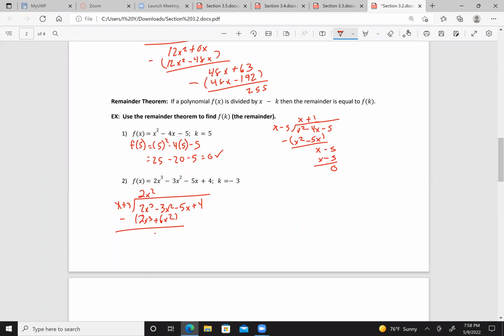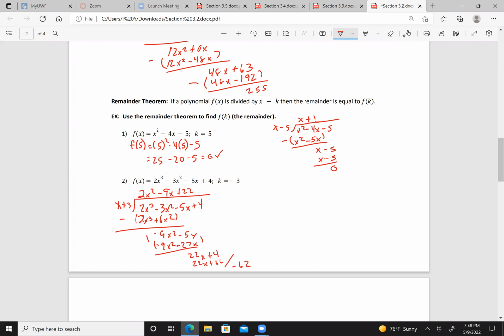Subtracting, negative 9x squared, bring down my negative 5x. Negative 9x gives me negative 9x squared minus 27x. Subtract again, I get 22x plus 4. That gives me plus 22, which gives me 22x plus 66, which gives me negative 62.